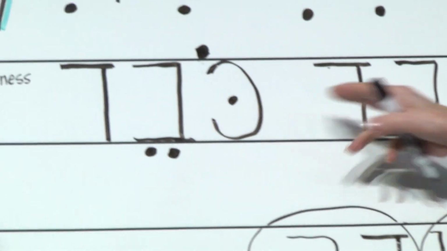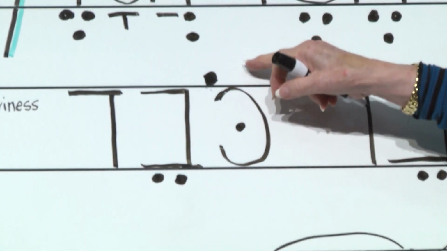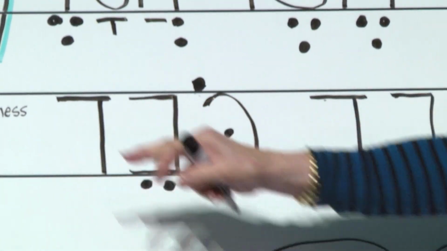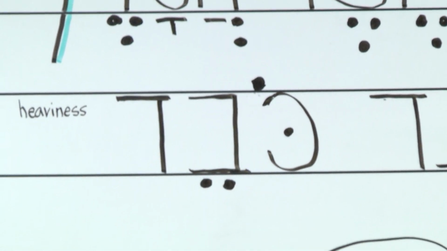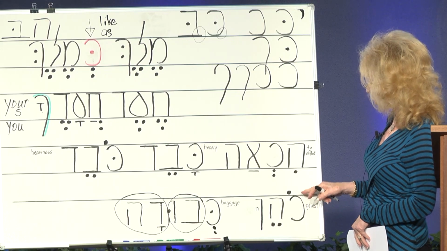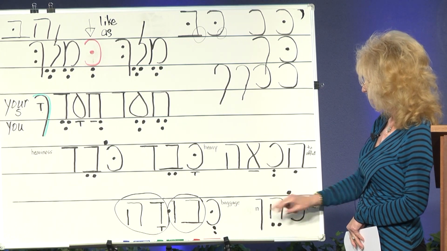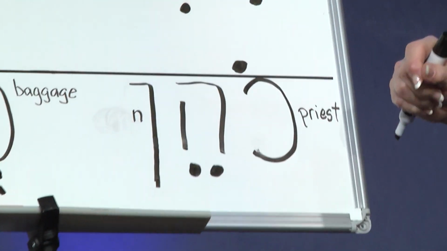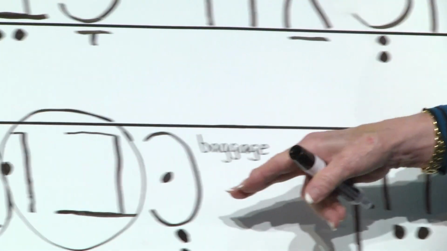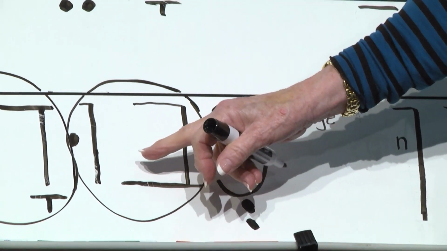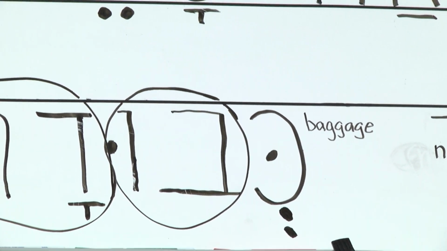The next one is the same letters with slightly different vowel points, and it's going to be kovade, and that means heaviness. Okay, the next one, this one means priest, so it's kohain. This is a final noon. I just put that little N there so you could see the sound that that makes. Kohain is priest, and kavuda is baggage. Kavuda, baggage.